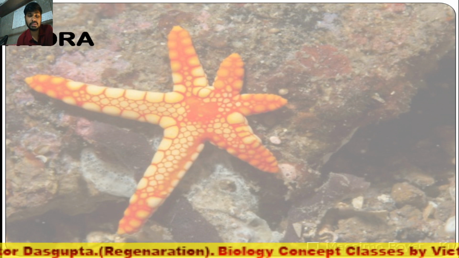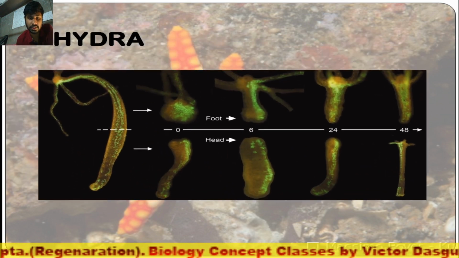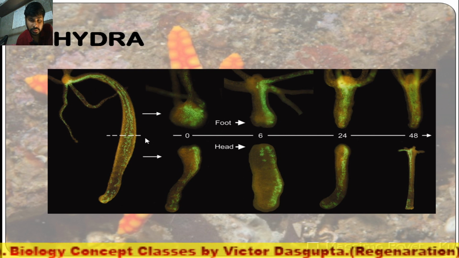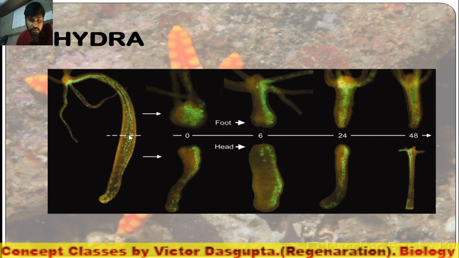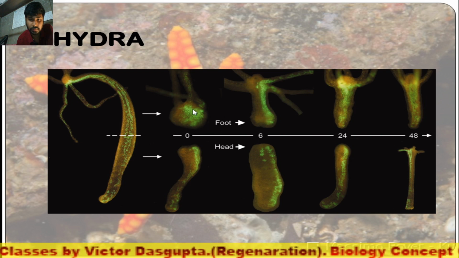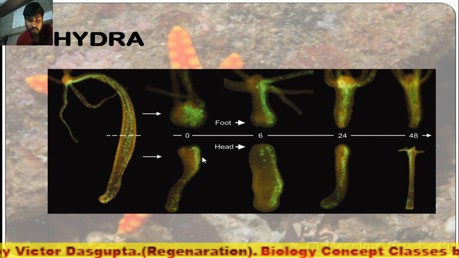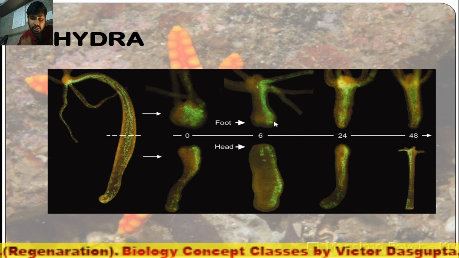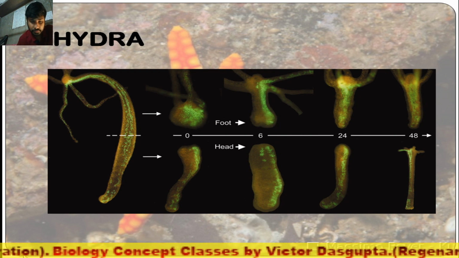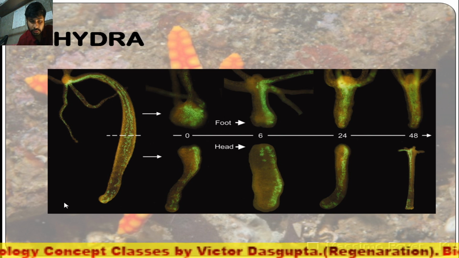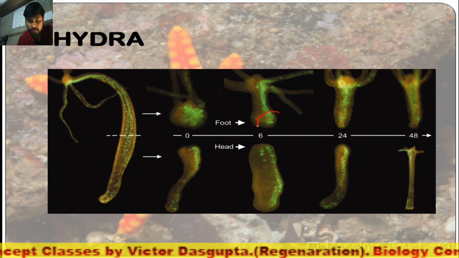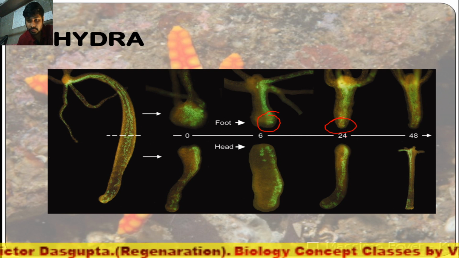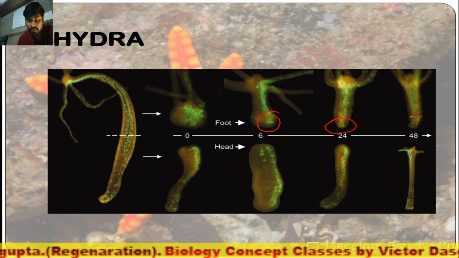Next we will see the case of Hydra. You can see this is a total Hydra and it is cut into two portions. This is the foot portion and this is the head portion. From the head portion the foot is going to be regenerated, and you can see the foot growing; at the 24th day and the 48th day it has totally grown as an adult.